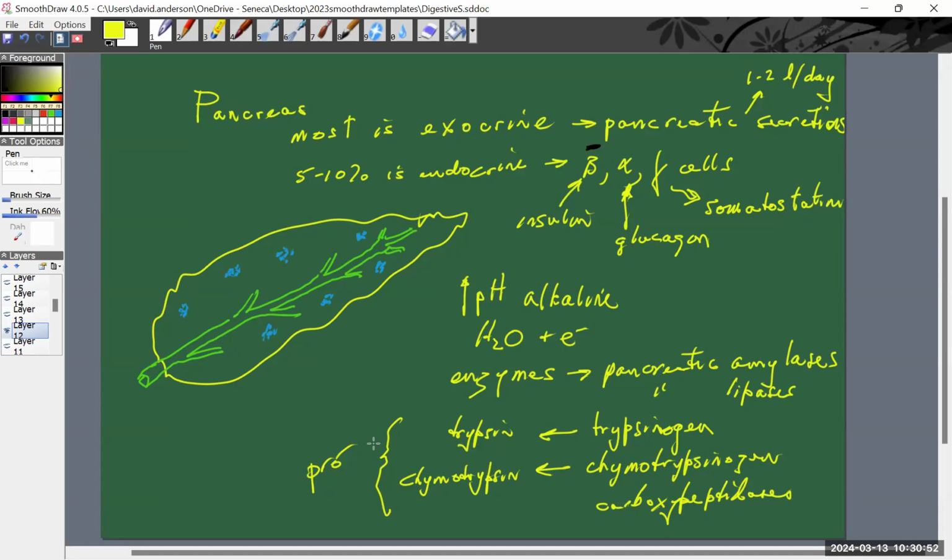Once we get carbohydrates down to monosaccharides and lipids to fatty acids and proteins to amino acids, they're small enough to be absorbed in the small intestine. They're small enough to be absorbed, and they're going to take advantage of every transport mechanism you can think of. Active transport, primary, secondary, passive diffusion, facilitated diffusion.